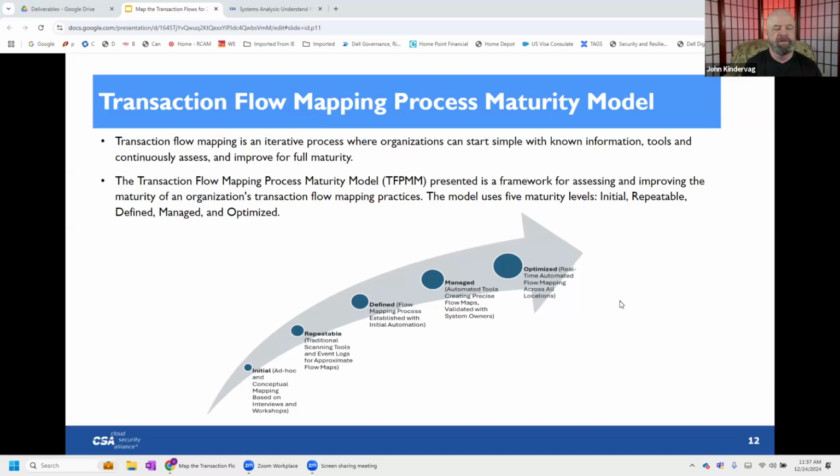But maturity is a great way to understand how well you're doing, because I can look at a particular protect surface, and if I say that has a low maturity, say that maturity is a 2, repeatable, but I want it to be defined, 3, I can focus some specific efforts just on improving that one protect surface to move it from a 2 to a 3.